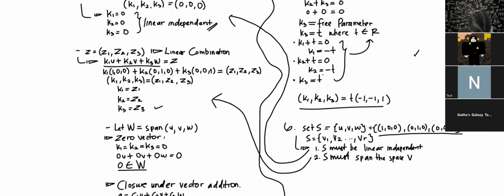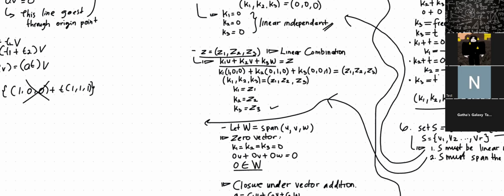For the second condition, let's see number 4 sub 2, which is the proof of the second condition for number 6. In this answer, we know z equals (z1, z2, z3), an element of R3, can be uniquely written as the linear combination z equals z1U plus z2V plus z3W.